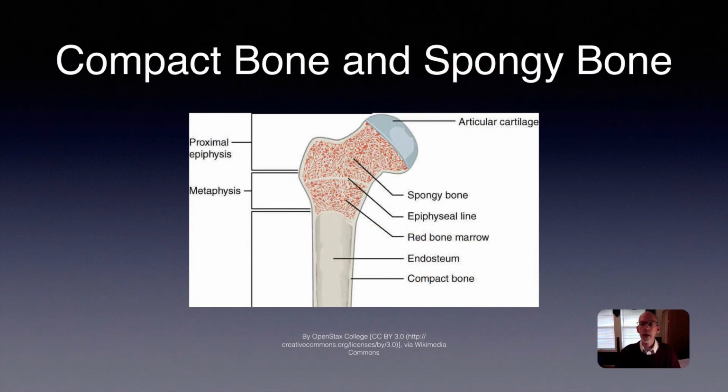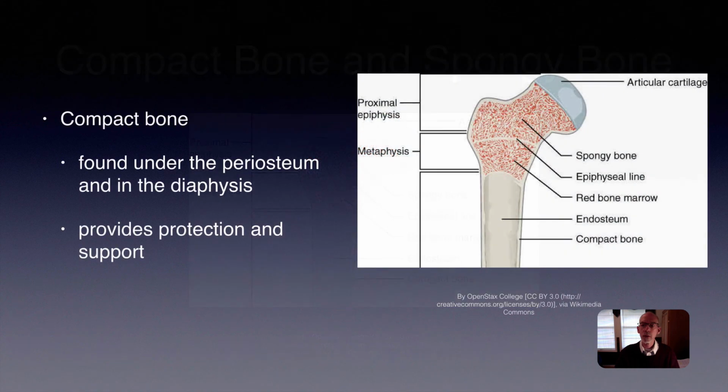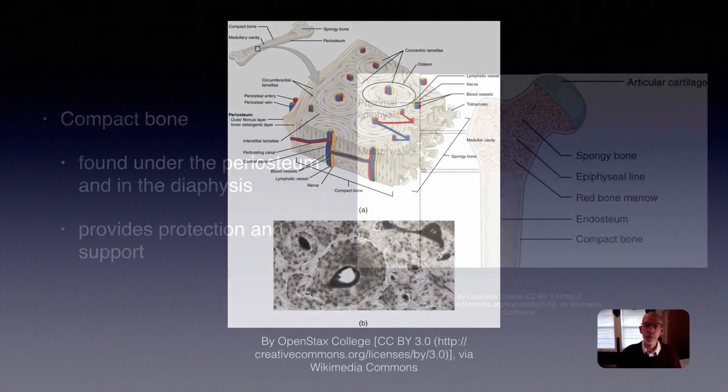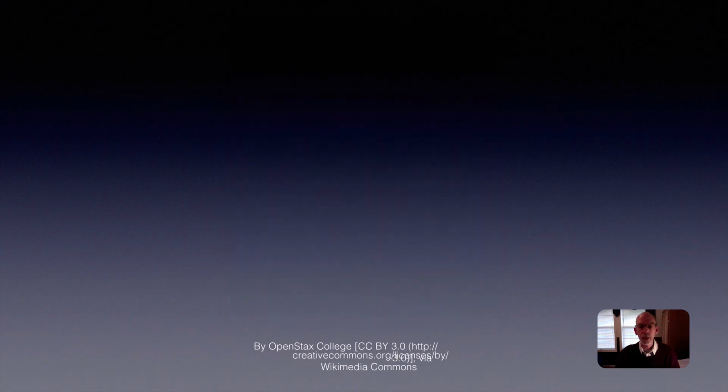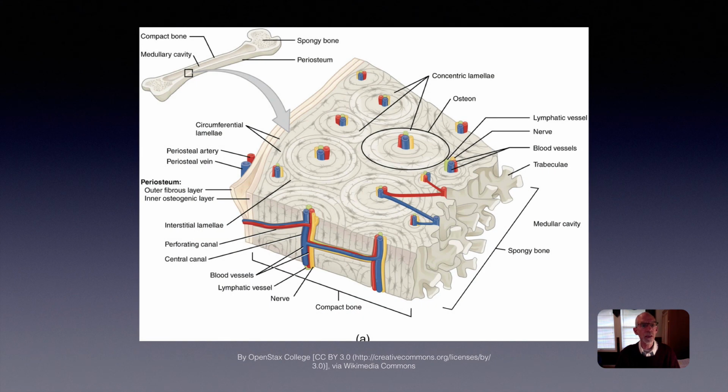Let's now take a look at compact bone and spongy bone. Compact bone is found under the periosteum and also in the diaphysis, and it provides protection and support for the bone. You can see a diagram of it here from your textbook, and let's take a look at this diagram in more detail. This might be a little bit confusing, so let's see if we can understand this.